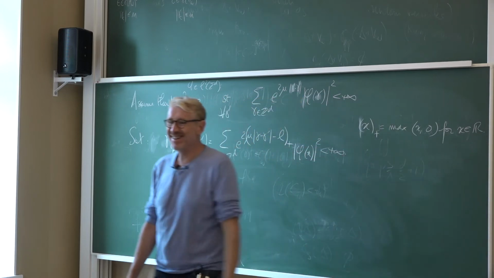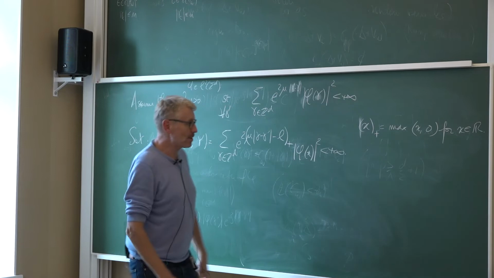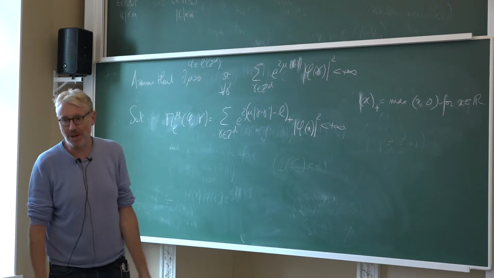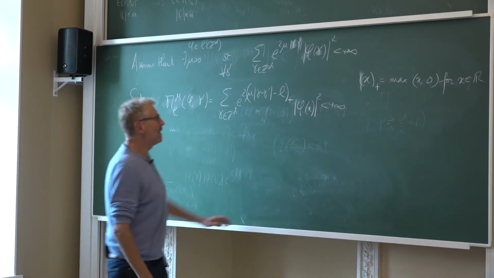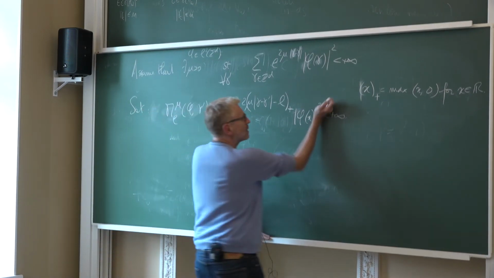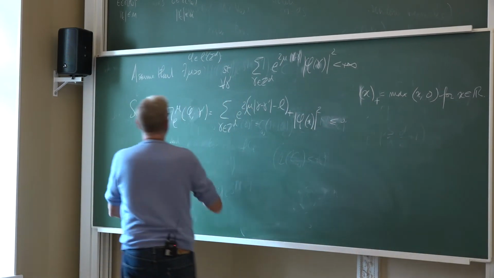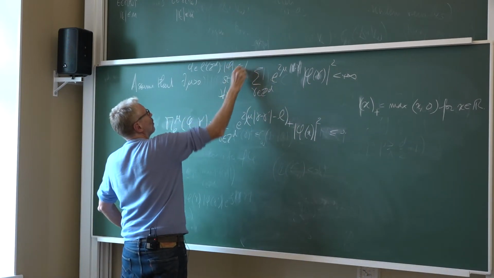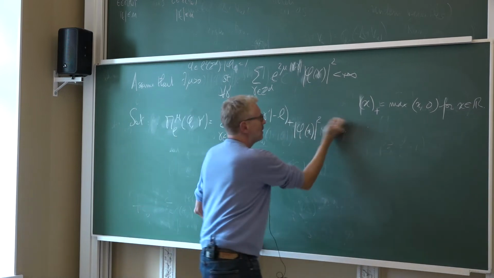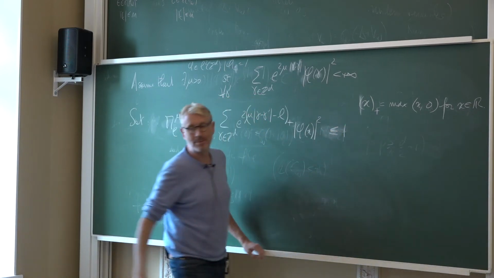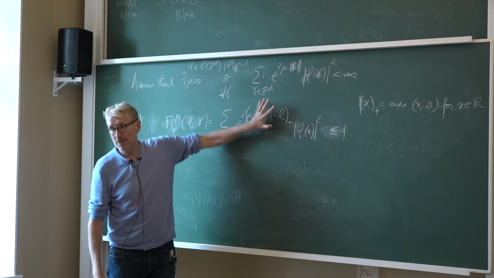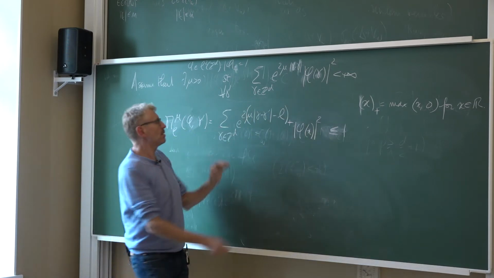Yes, it's the positive part of a real number. So it's the number if it's positive and 0 elsewhere. Of course this is finite because it's simply bounded. I always take phi in L2 with the norm of phi squared equal to 1. Because this is positive, it's certainly larger than this sum.